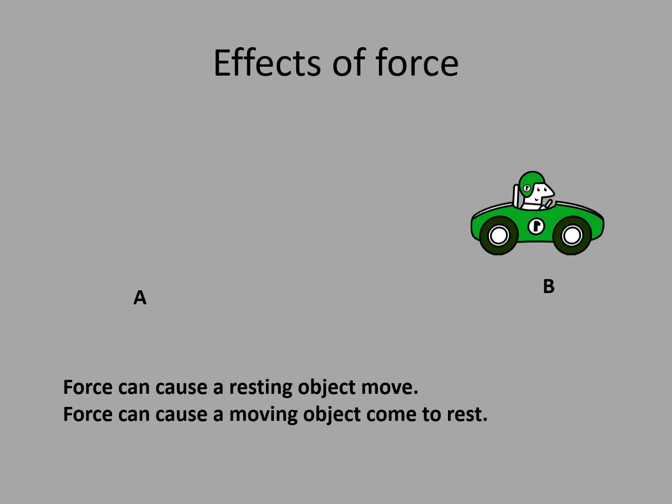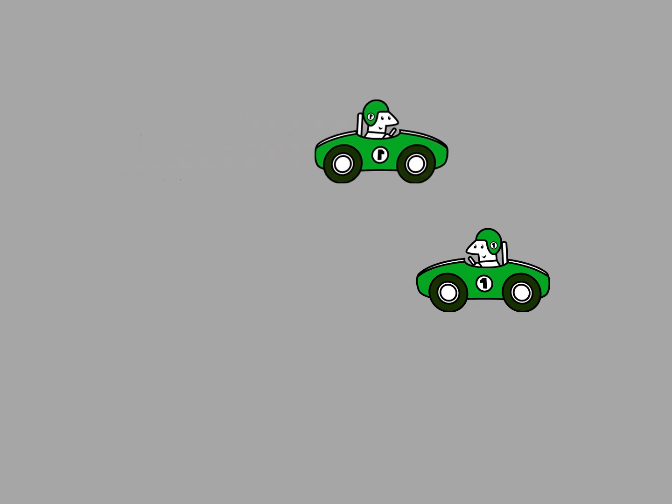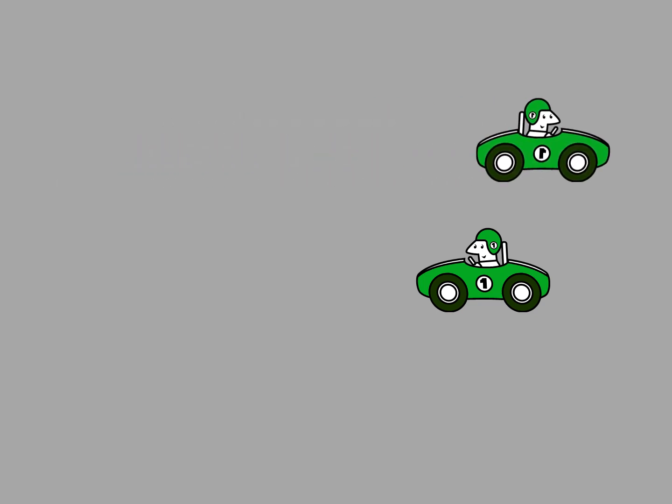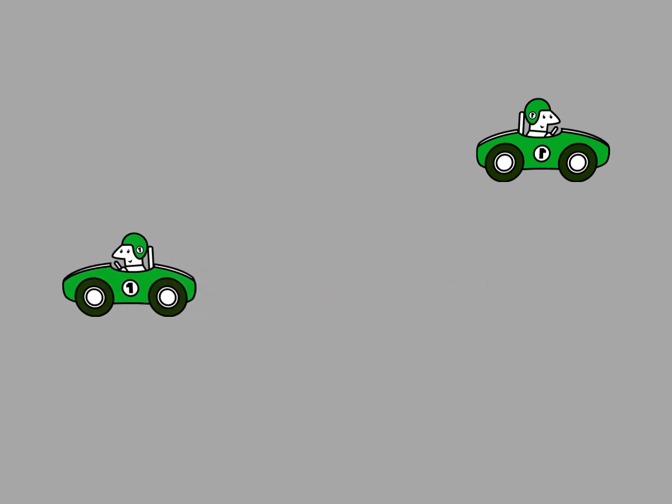Let us look at the second illustration here. The first car we see has a very high speed because it's moving very fast as compared to the second car. The second car is quite slower, isn't it?